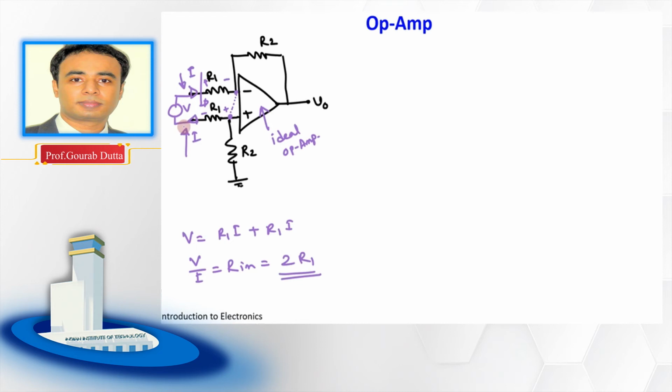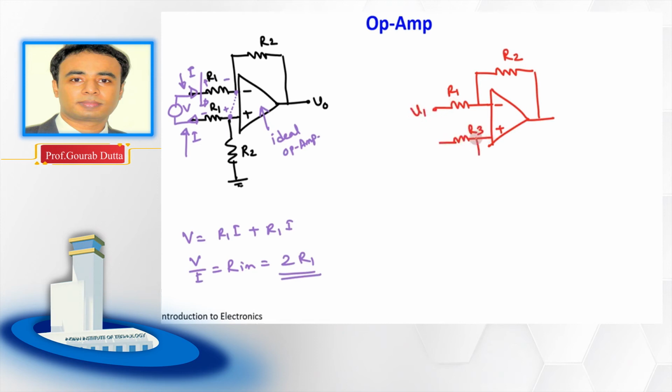And one more important thing is that, see here, maybe I will draw this circuit a bit once more so that it would be easier for you to understand. See here, in the earlier case we have said that this is R2, this is R1, this is V1, right?